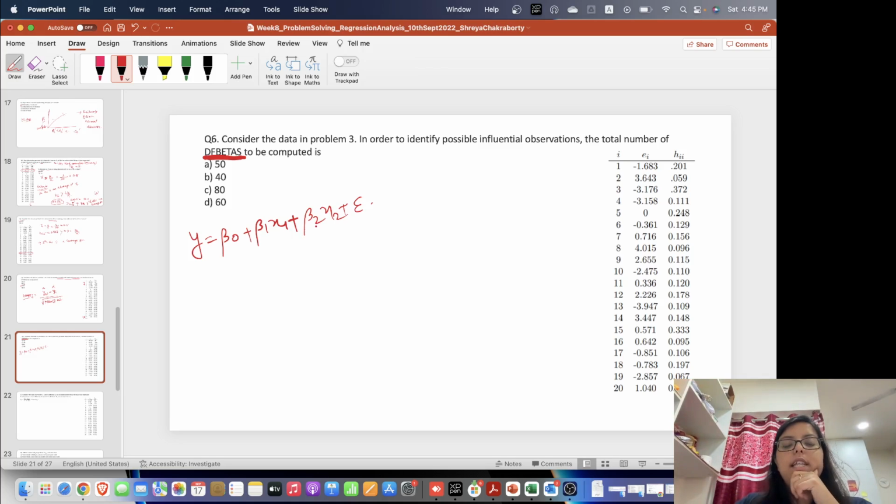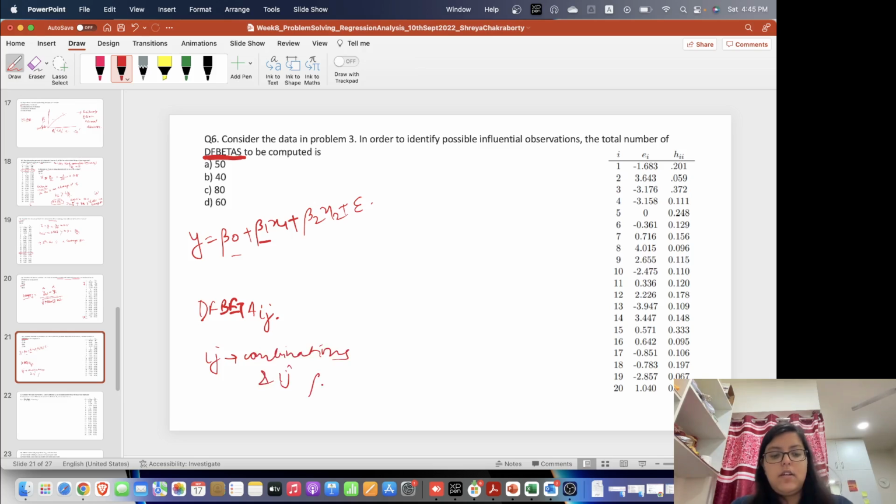Similarly, the ith observation could change beta 1 and beta naught as well. You remember we were writing DF beta ij. So in total there would be ij combinations and ij DF betas.